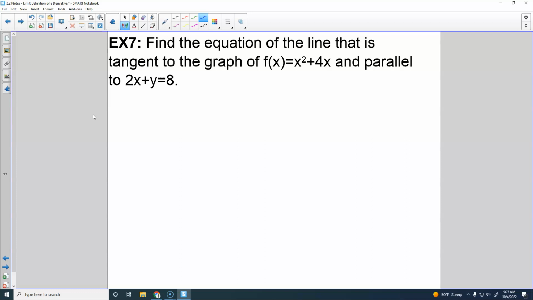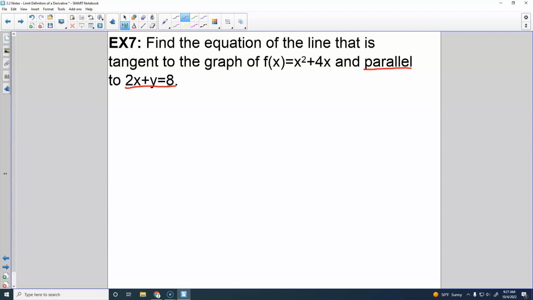We are going to have to use our x plus h formula, which will give me the derivative at any point. Then, let's think about this. If I have a tangent line that's parallel to this line, if lines are parallel, what do I know about their slopes?